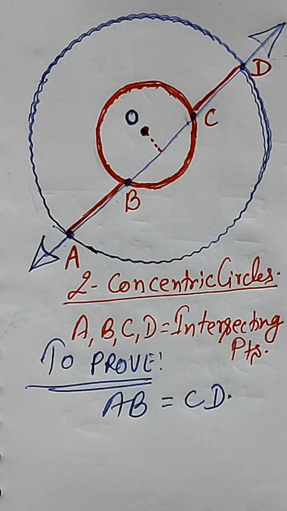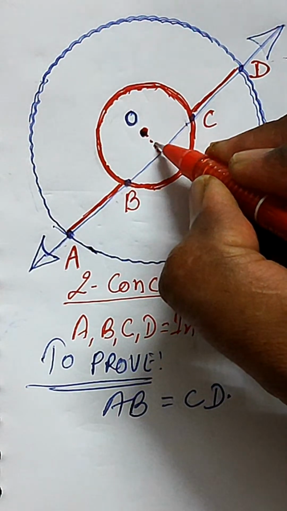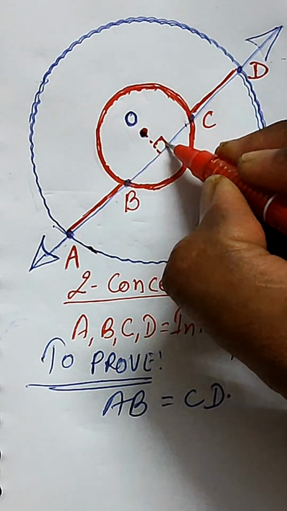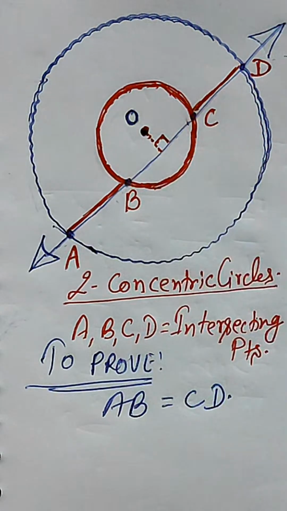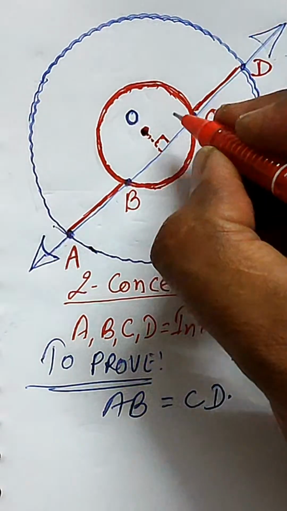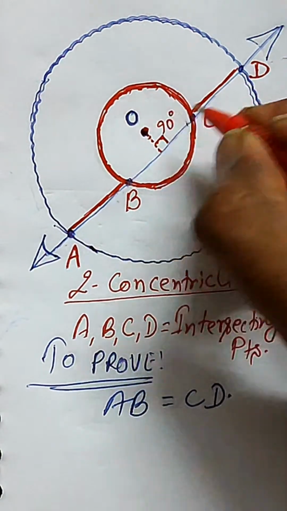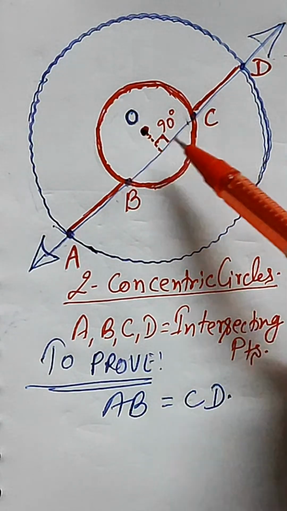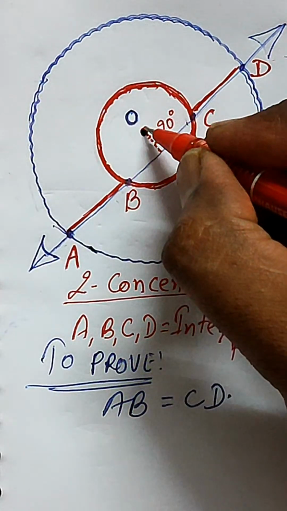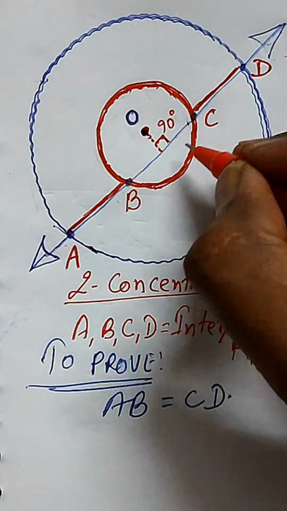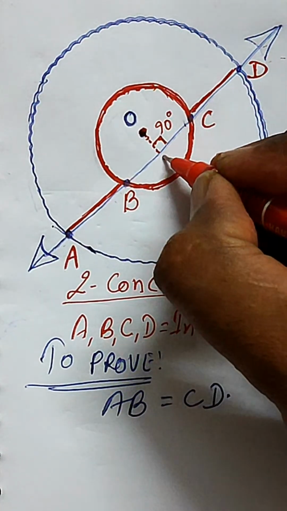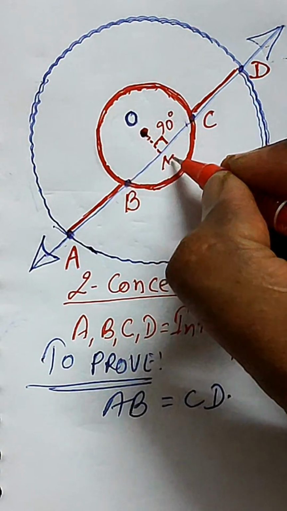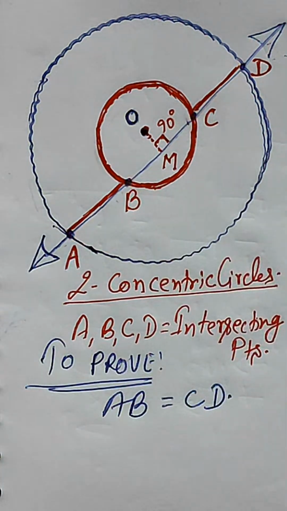When you draw the perpendicular, this will be 90 degrees. This is a perpendicular. Let's say the perpendicular from O to the common chord falls at M.